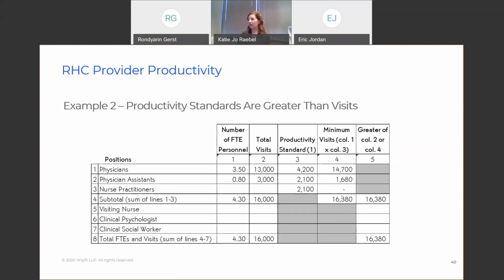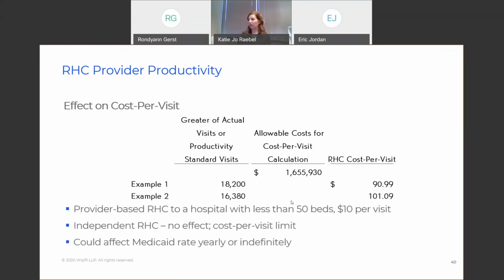So in this case, our productivity standard visits are going to be correct. So on the flip side of this, if our FTEs are higher than they should be, then our productivity standard visits are going to be higher than they should be. And then again, we have an incorrect cost per visit being calculated, and it's reduced from what it should be.